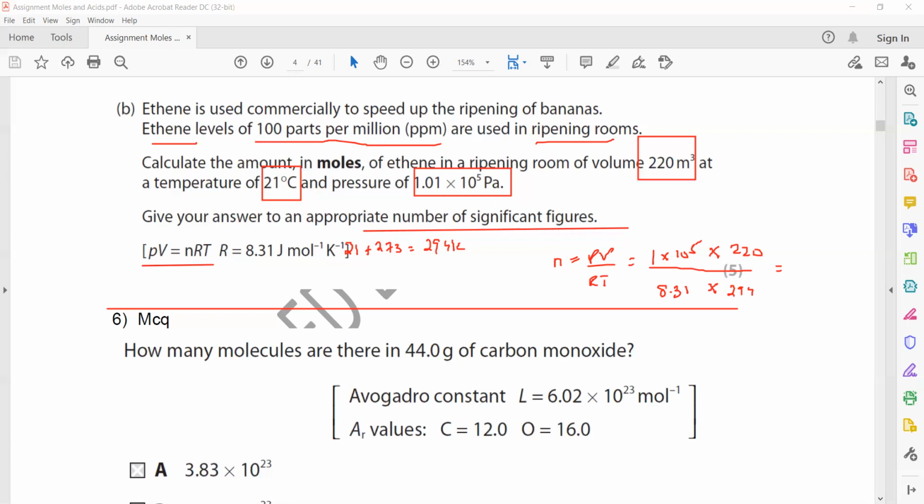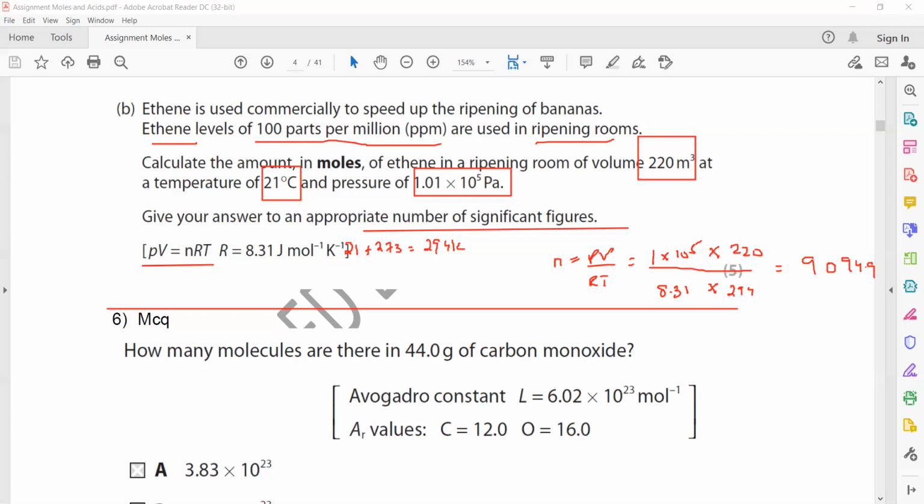So this answer here will be 9994.9. That is the value of N, the total number of the particles.